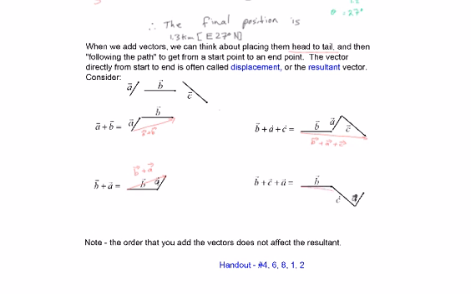I could have done ABC or BCA or BAC or CBA, and all six different permutations of A, B, and C would give me the exact same resultant vector. Your homework will be the following: number 4, number 6, number 8, and number 2 for the adding vectors section.